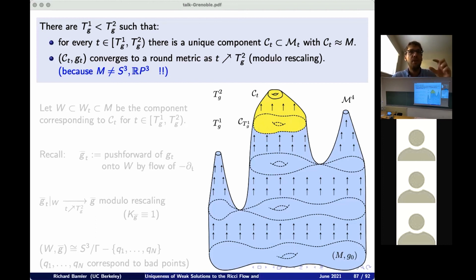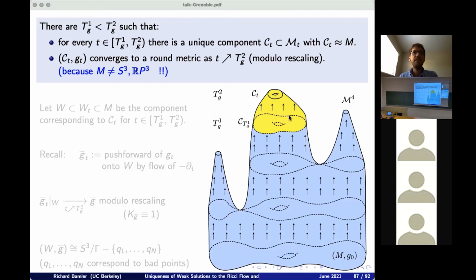What I should say is, in this yellow part, after the time where we're very close to a round kappa solution, the flow will remain non-singular and will just become extinct at some time t2, and after rescaling, the flow will converge to a round metric.